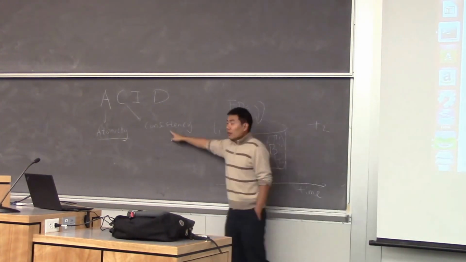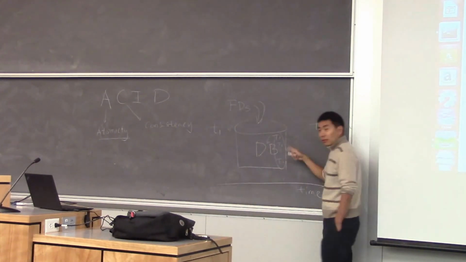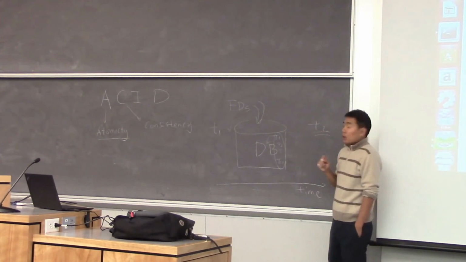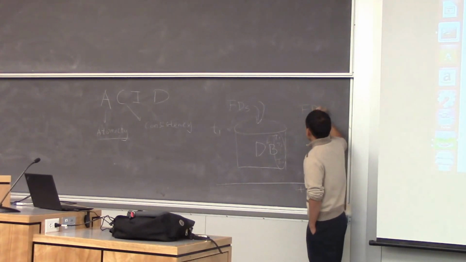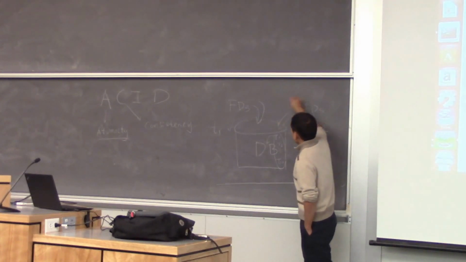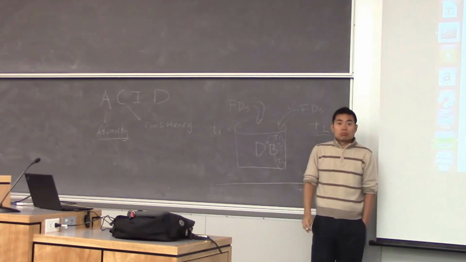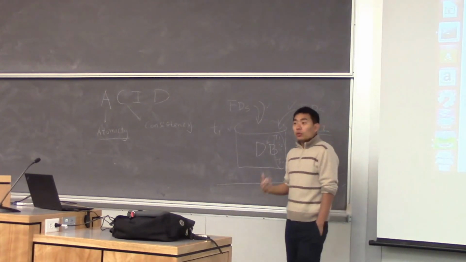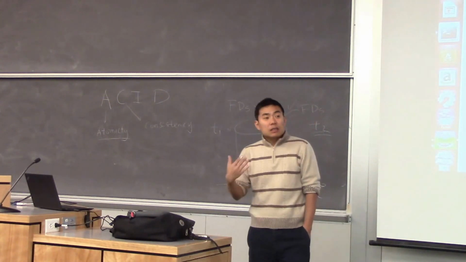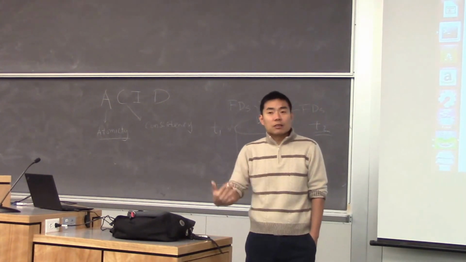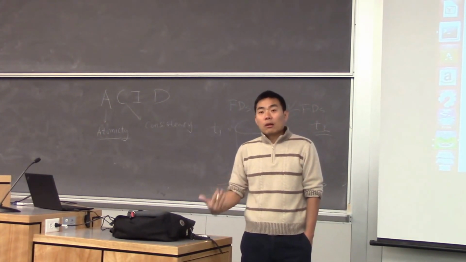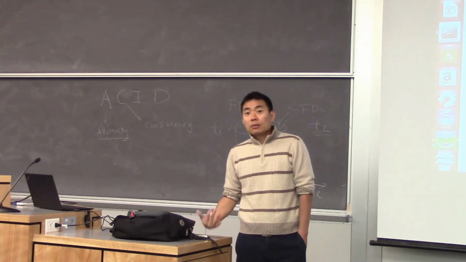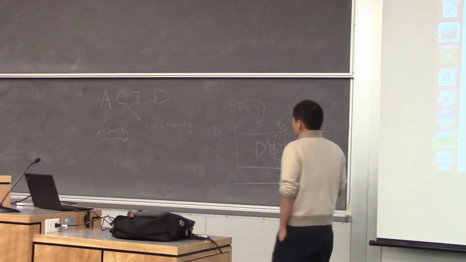What consistency means is by the end of executing these transactions at time t2, all these functional dependencies are still true. Meaning that after executing any given transaction, you do not leave the database in an inconsistent state, where inconsistency means that at least one of the functional dependencies has been violated. Okay? So that's what we mean by consistency.